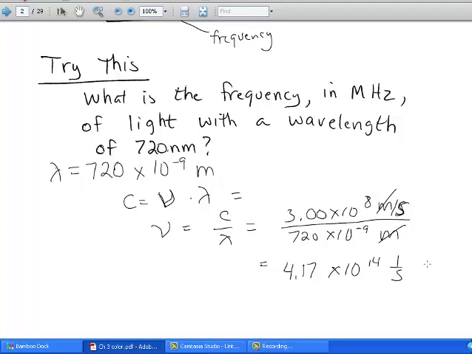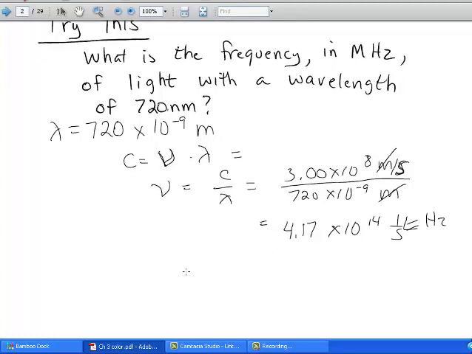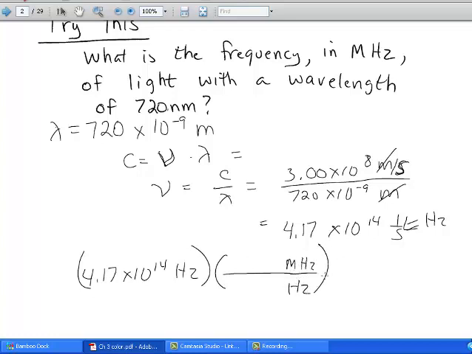And remember that inverse seconds are the same as hertz. So we have 4.17 times 10 to the 14th hertz. We wanted the answer in megahertz. So now we'll simply take that number, 4.17 times 10 to the 14th hertz, and we're going to multiply it by the conversion to megahertz to cancel hertz.